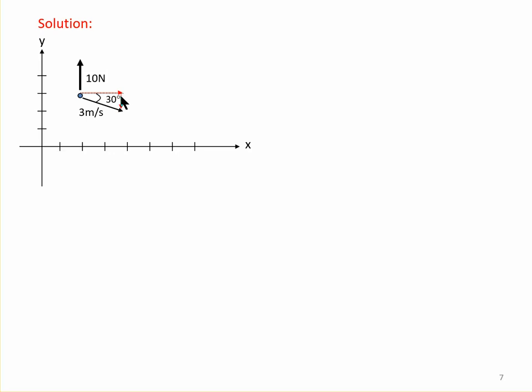But now let's look at the vertical motion. Initially it's moving downwards vertically, but there's an upwards force on it. So in the vertical direction, since the force is opposite to the initial direction it's moving vertically, if we just focus on the vertical motion, the particle is going to start moving downwards. It's going to slow down, stop, and then it's going to start moving upwards faster and faster and faster, owing to this vertical force.